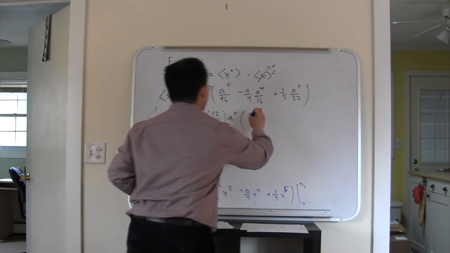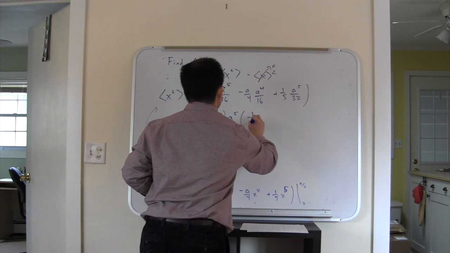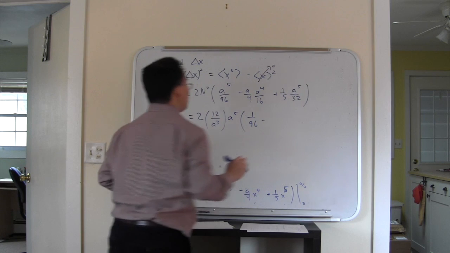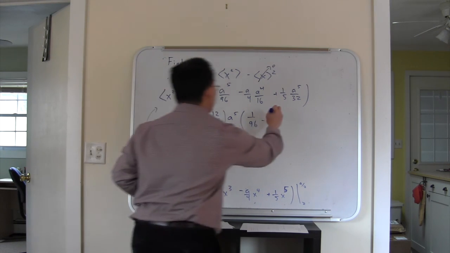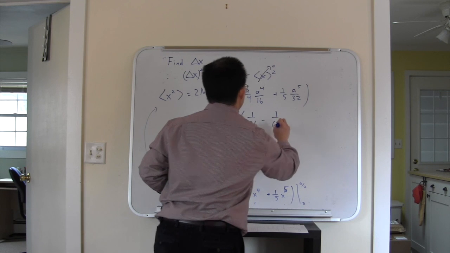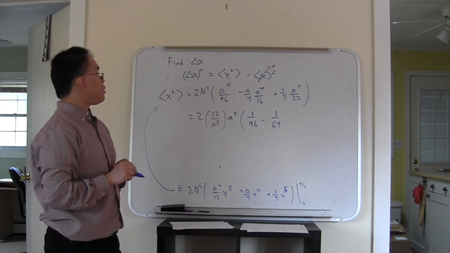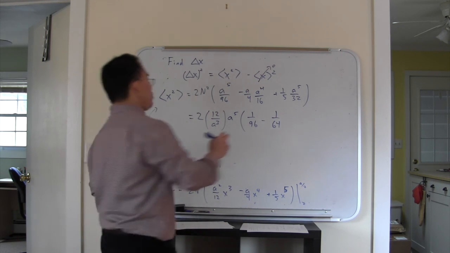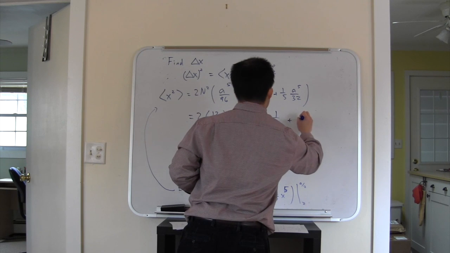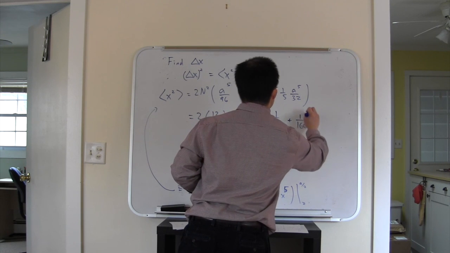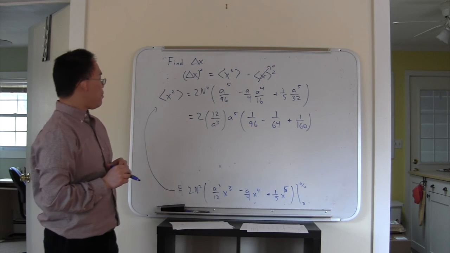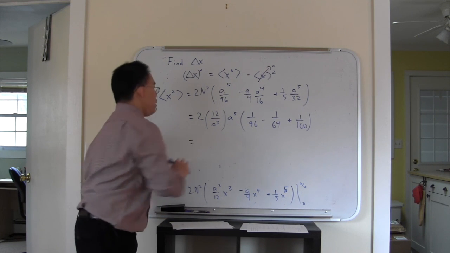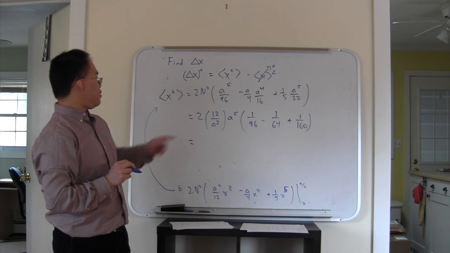And so we have 1 over 96 minus 16 times 4 is 64, 1 over 64 plus 1 over 160. Okay, at this point I can simplify a little bit here.